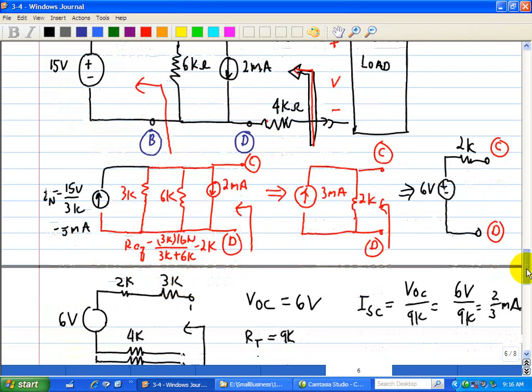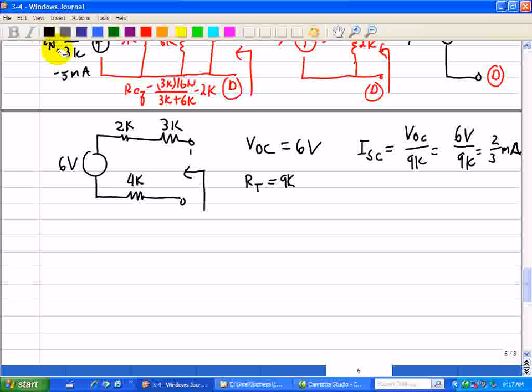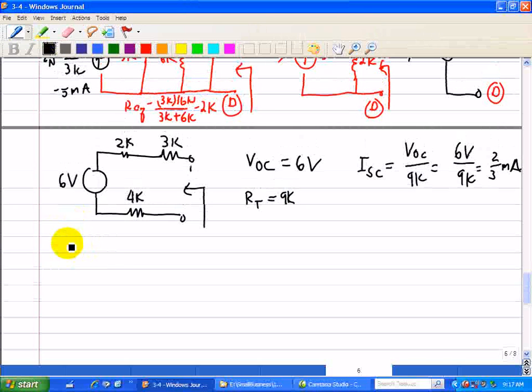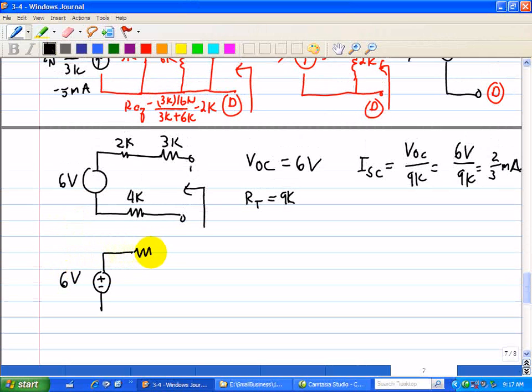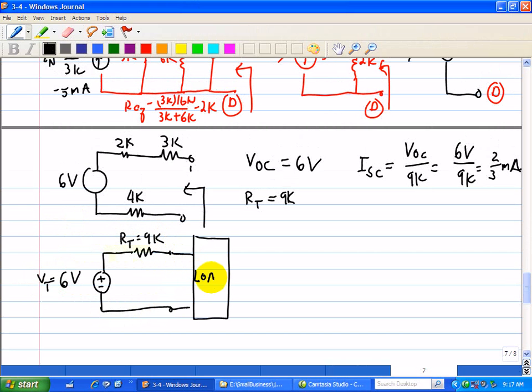So let me simplify that circuit now, where we have a 6-volt source as our Thevenin voltage, VT, and our Thevenin resistance RT is 9K, and we just connect that to a load. Now let's try some different load circuits. Let's say it just consists of a simple 10K resistor.